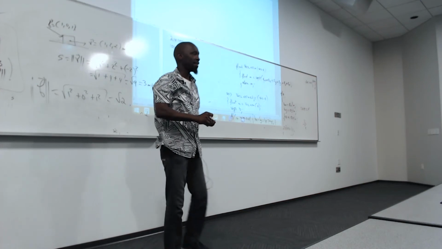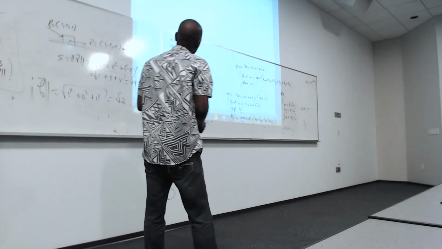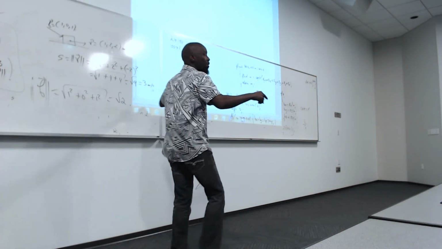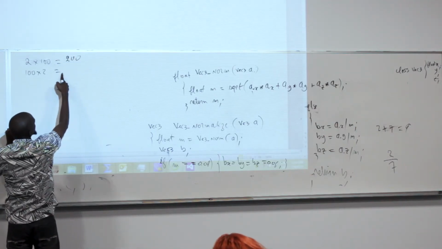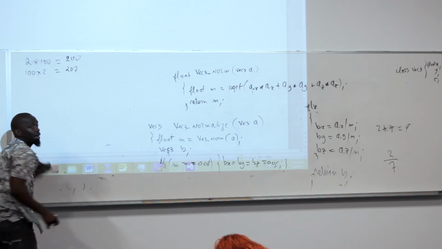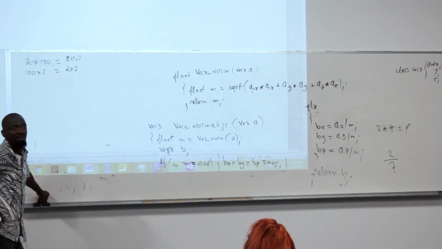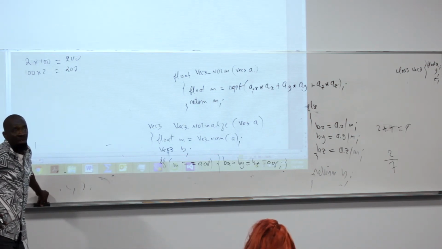Which one is faster? First, what's the answer for this one here? 200, and this one here? 200. Now, we are looking at the complexity: which one is faster when it comes to multiplying.